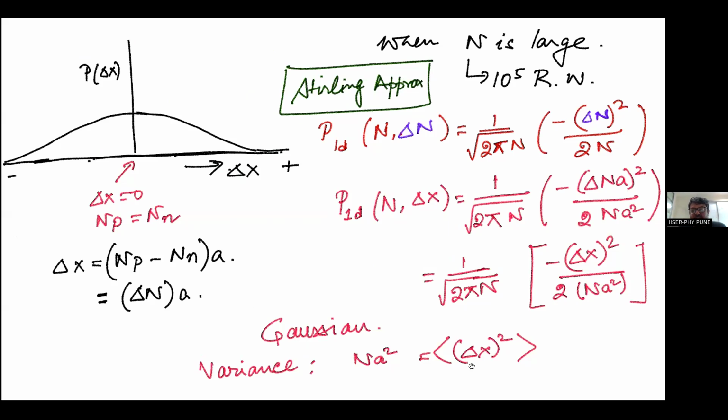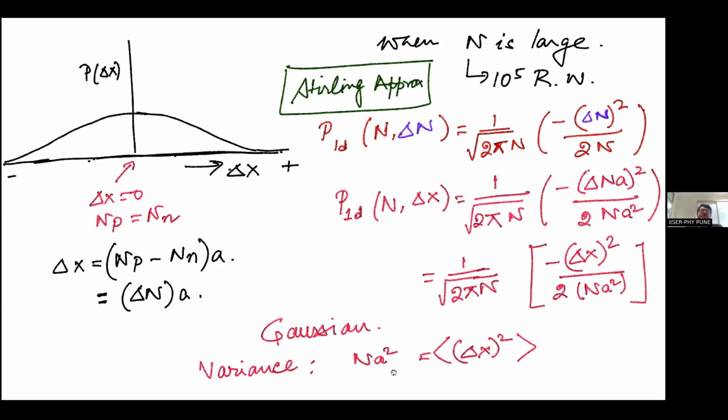And with the variance of delta x whole square average, displacement square expectation, averaged over 10 to the power 5 or whatever number of random walks, even higher number of random walks, the variance will be n a square.